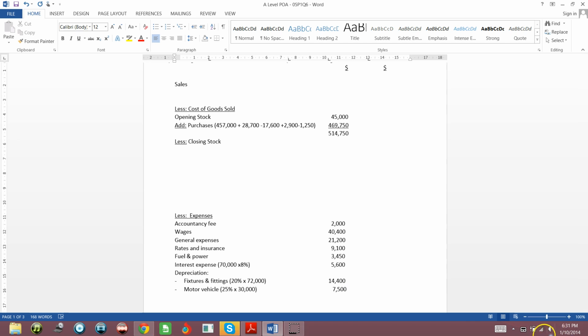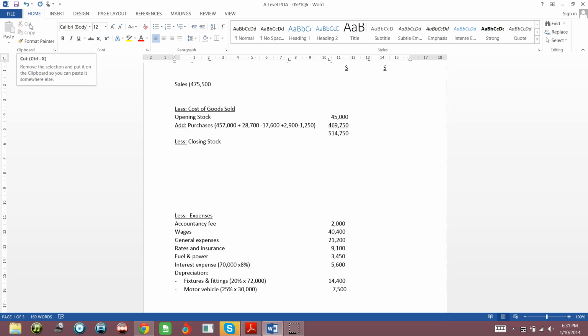I think now I may have an idea of how to do sales. In the question, the business bank account receipt, cheques from debtors. This is how much I receive from my customers, 475,500.